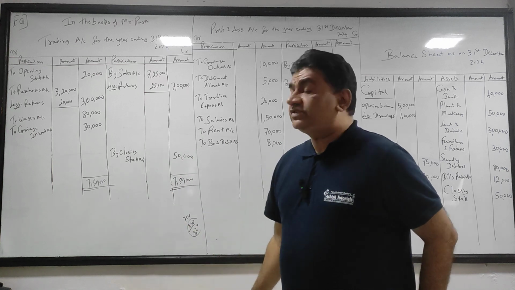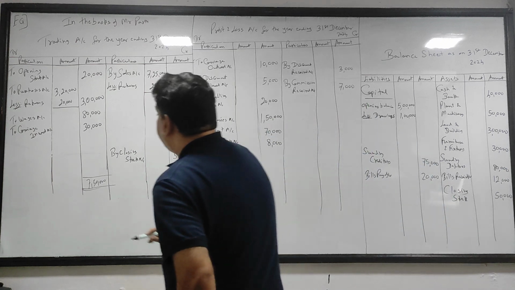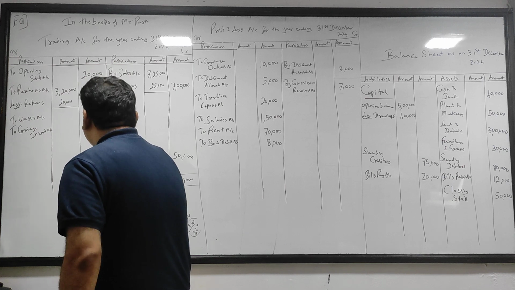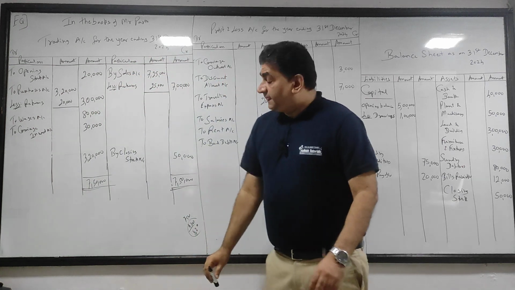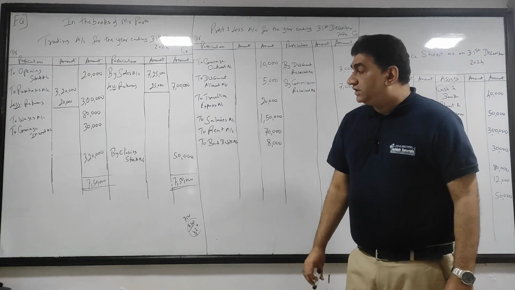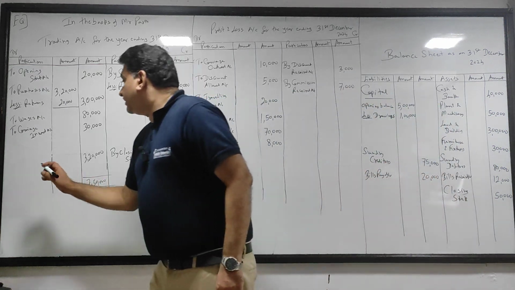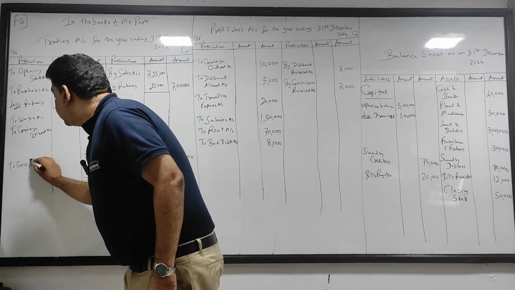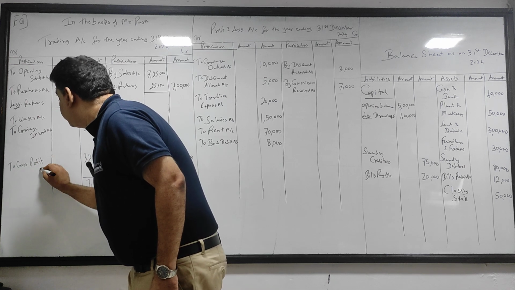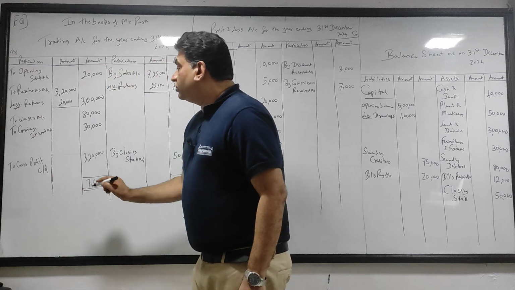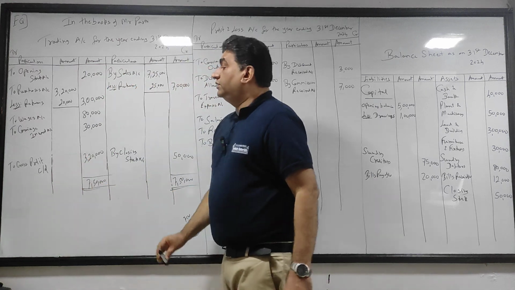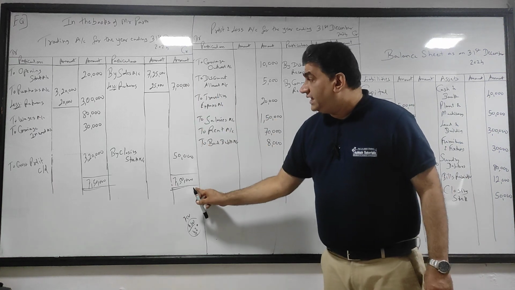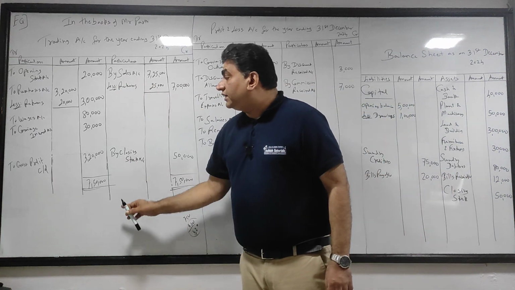Credit side का total is 7,50,000. Debit side का total is 430. 750 minus 430. This will give you 3,20,000. 750 minus 430, 3,20,000. This 3,20,000 is nothing but your gross profit. So to gross profit carried down 3,20,000. 750 minus 430.